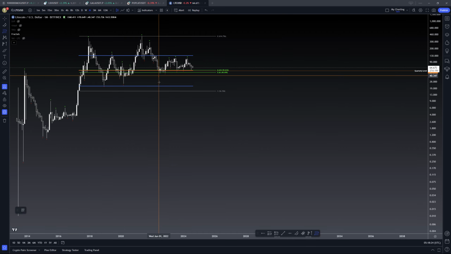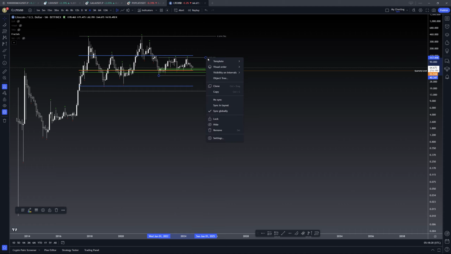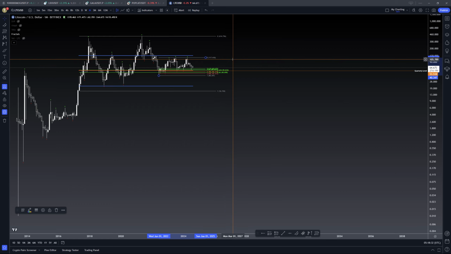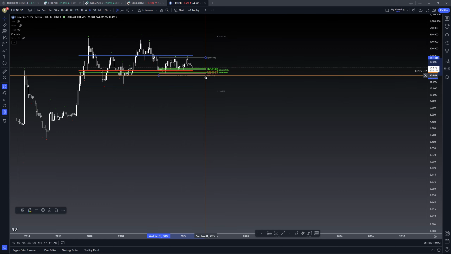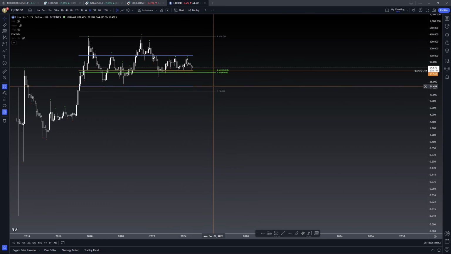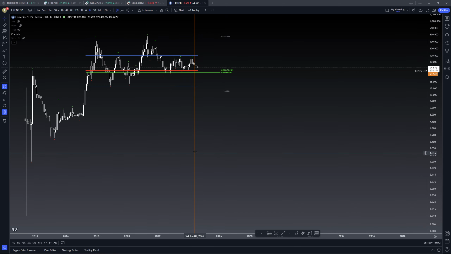What do we have here? Fifth confluence there. This is not a setup I'd really be willing to trade, per se.